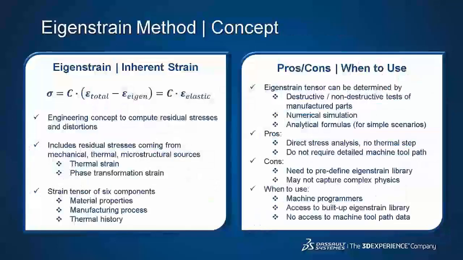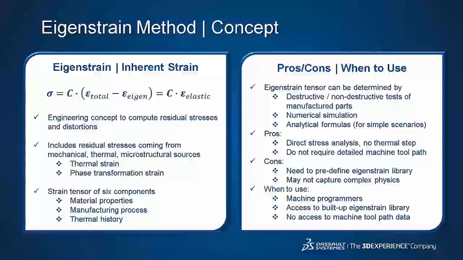Now, what is Eigenstrain? We believe that helping users understand the essentials of the Eigenstrain method would help them make better choices on when to use it. Eigenstrain is often referred to as inherent strain, assumed strain, or stress-free strain. It is an engineering concept to model residual stresses and distortions.